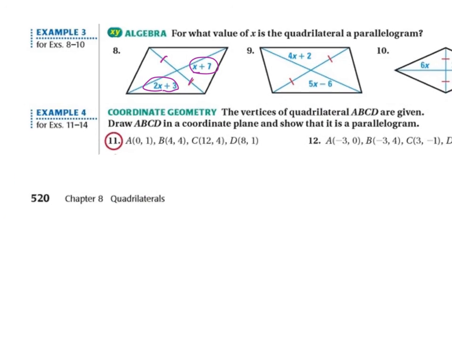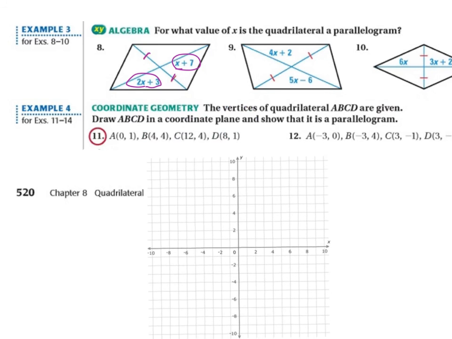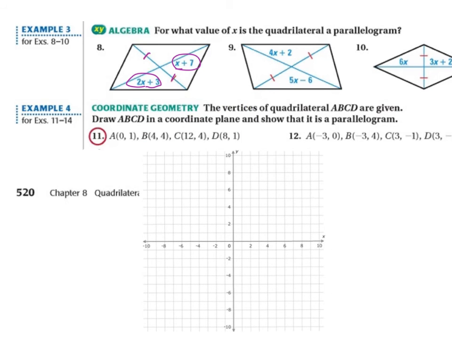I'll work through 11 with you because this is one of your coordinate plane ones, right? So it says the vertices of quadrilateral A, B, C, D are given. Draw A, B, C, D in a coordinate plane and show that it's a parallelogram. So I'm going to actually pull in a coordinate plane. I'm going to plot these points. So A is 0, 1.